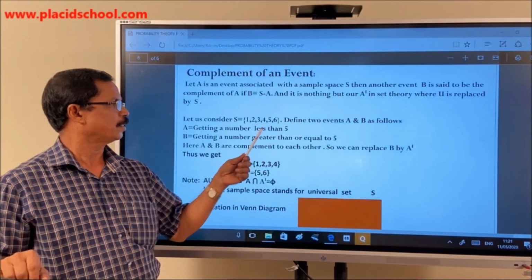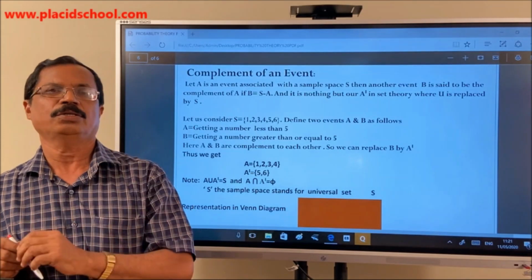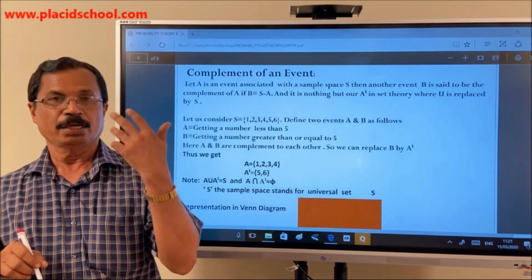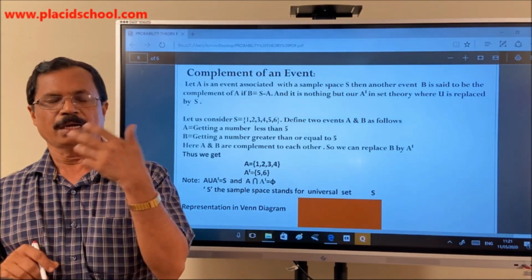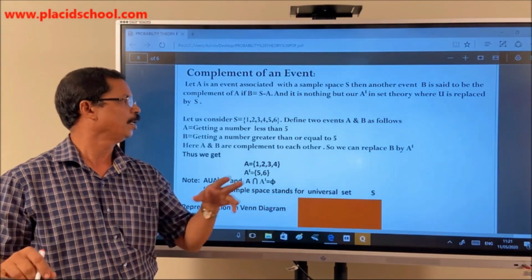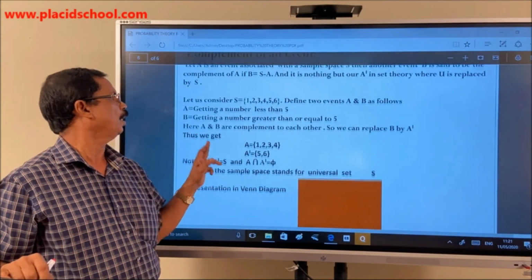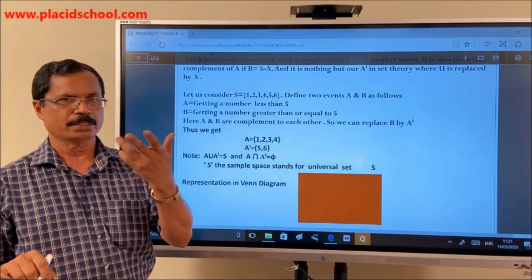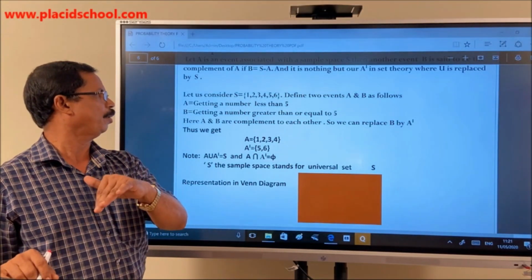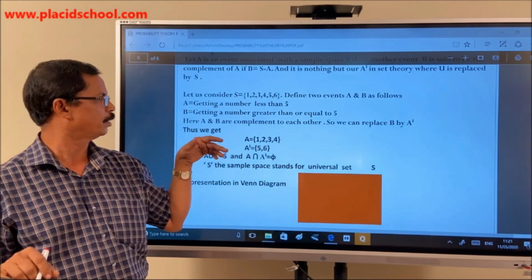Let us consider S is equal to the set {1, 2, 3, 4, 5, 6}. When we write S as {1, 2, 3, 4, 5, 6}, it is understood that the random experiment is throwing a die, and it is very clear. Now you define two events A and B as follows. Capital A is getting a number less than 5 and capital B is getting a number greater than or equal to 5. These are two events.